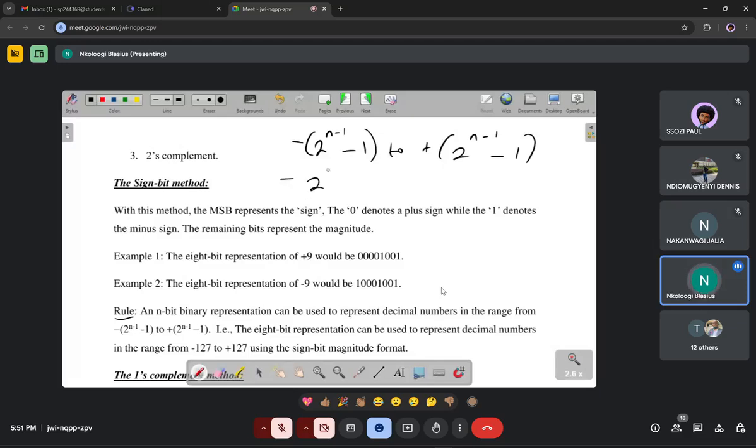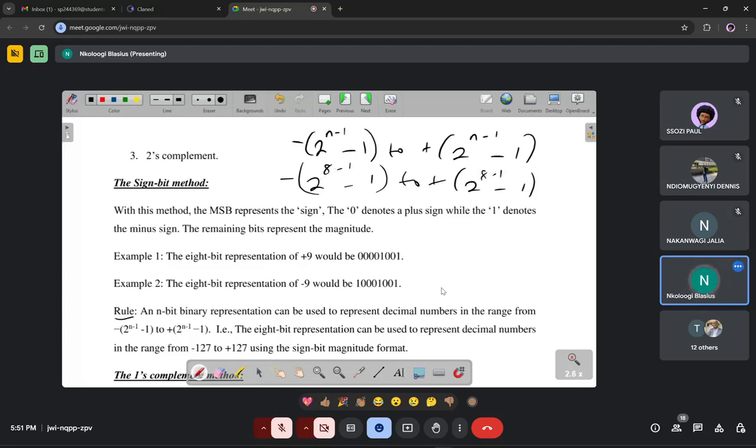So n in this case is 8, minus 1, minus 1. This is 2 to power 7.